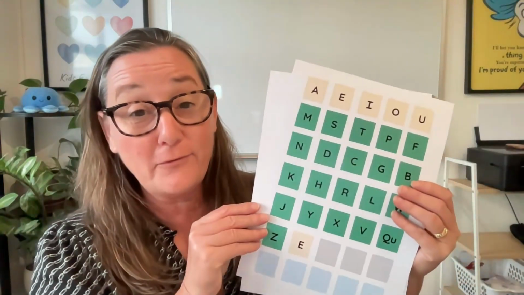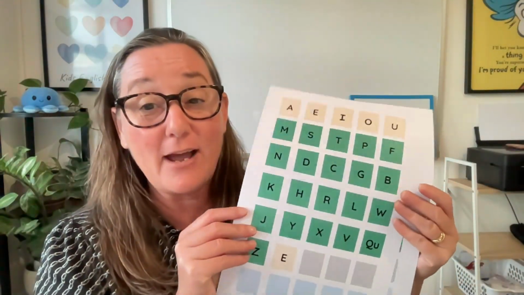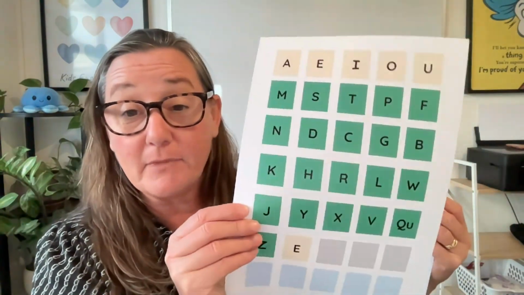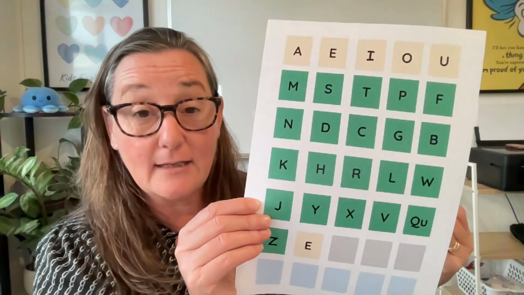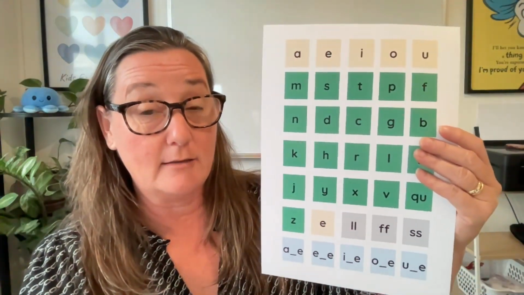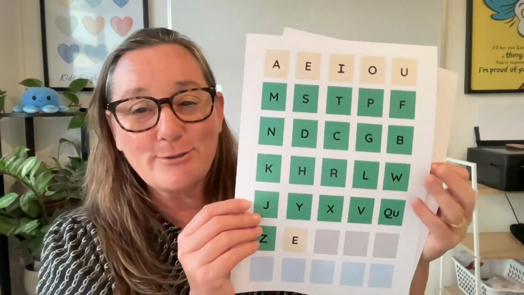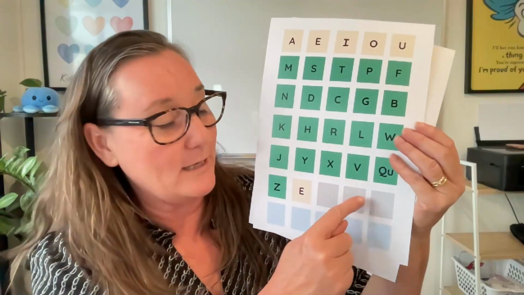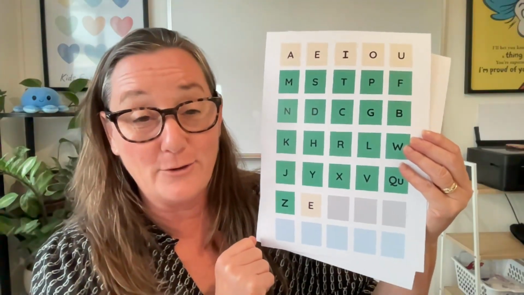So today's free resource is all about learning how to write your name. So you would have got the downloadable PDF. You would have printed off the letter tiles. There are a capital letter tile, and there is a lowercase letter tile as well. And you'll also notice that there's a couple of spare ones here as well if you need those.